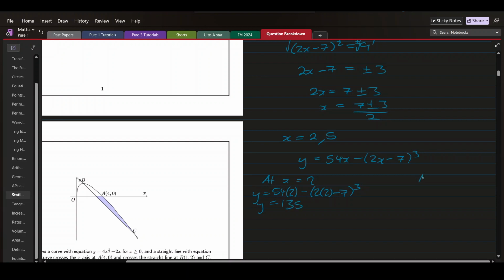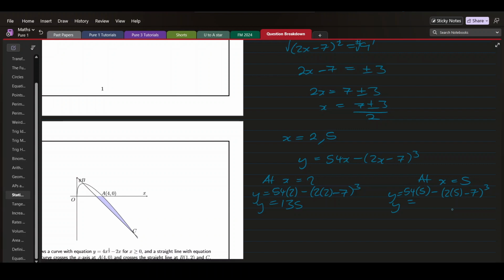And then let's evaluate at x is equal to 5, so y is equal to 54 times 5 minus (2 times 5 minus 7) cubed. Punch this into the calculator, and this gives us 243.